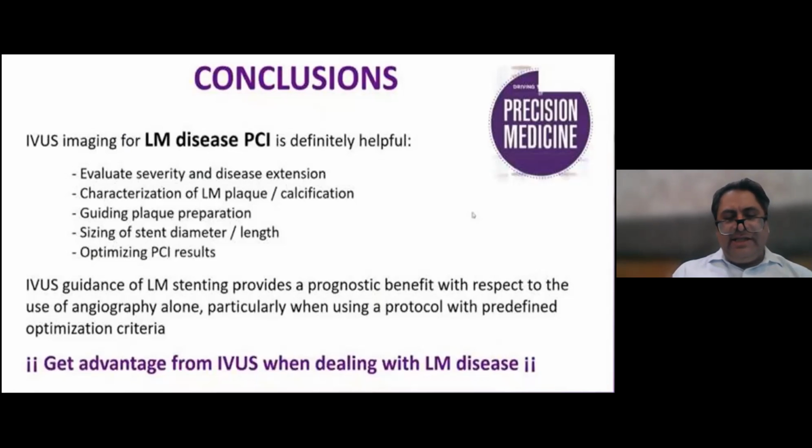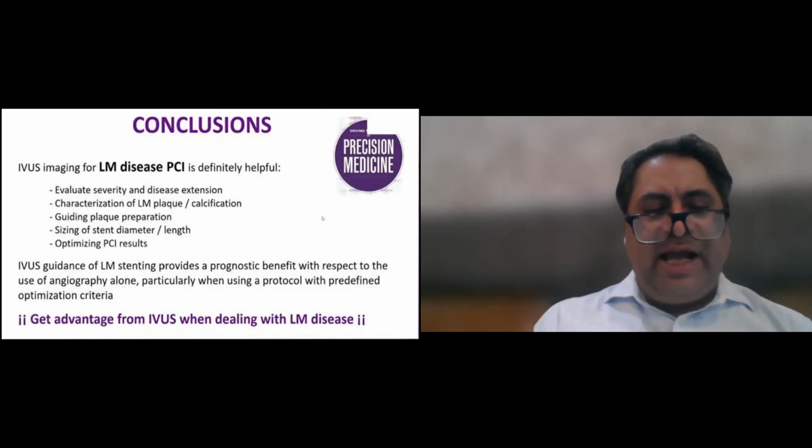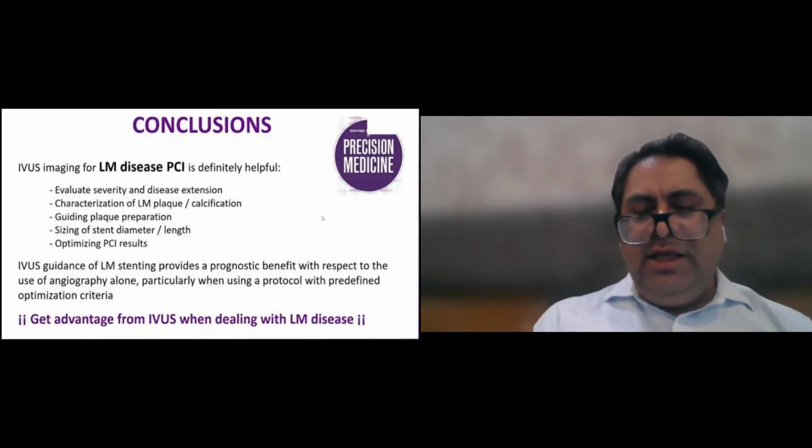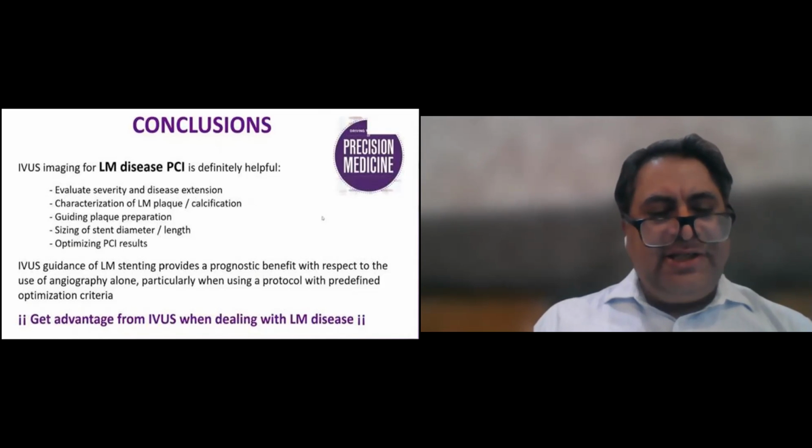The IVUS guidance of left main stenting provides a prognostic benefit with respect to use of angiography alone, particularly when using a protocol with predefined optimization criteria. Get advantage from IVUS when dealing with left main disease. Thank you very much.